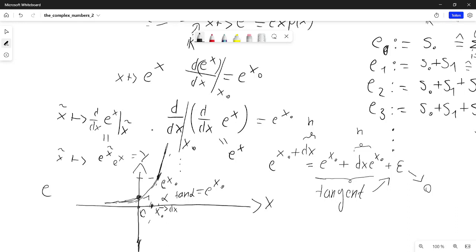So e^x is bigger than 0 for x bigger than 0. That is x bigger than 1, right? And this is the slope. And this has to go like this.